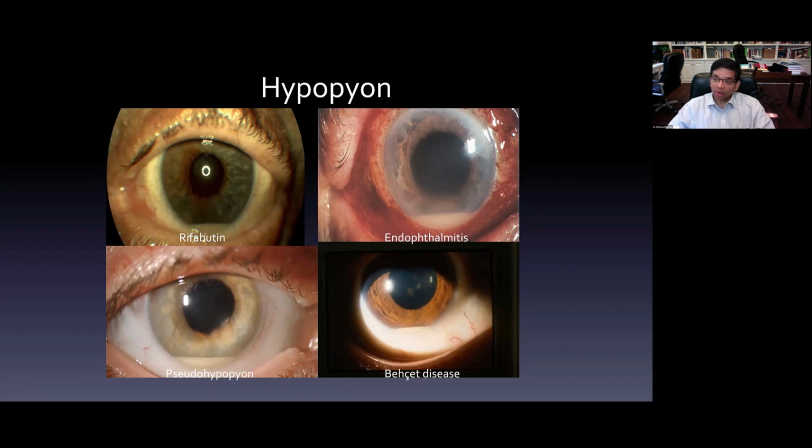And this patient was being treated with a relatively high dose of rifabutin and developed a hypopion anterior uveitis. He was HLA-B27 negative. We reduced the dose of the rifabutin, and he was able to tolerate the medication, and the inflammation was treated with topical drops and went away. So this is a drug-induced hypopion.